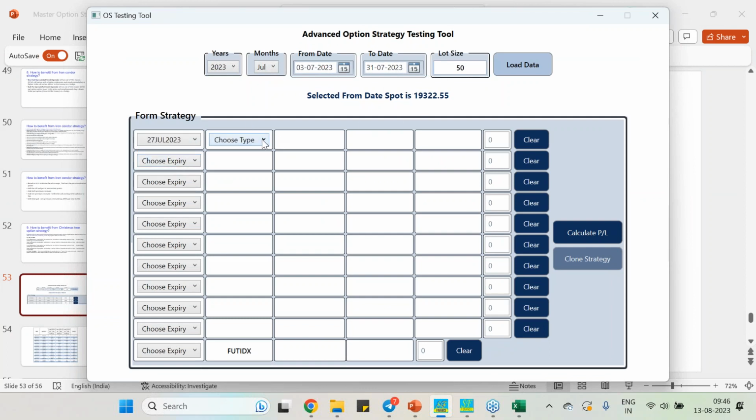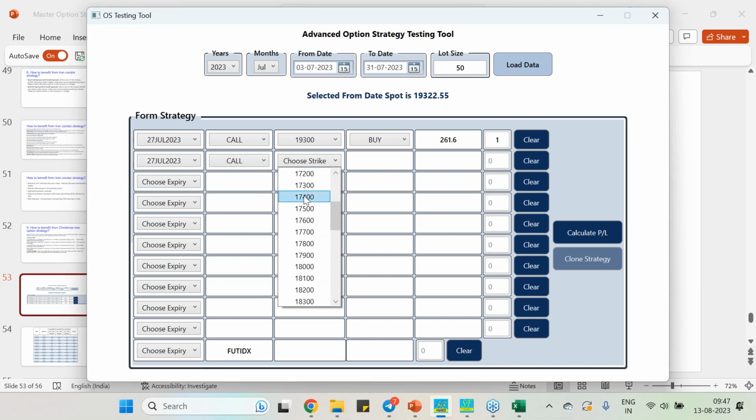I am going for a 19,300 call option buy, one lot, and I am selling 19,400 call options, only 100 points away.